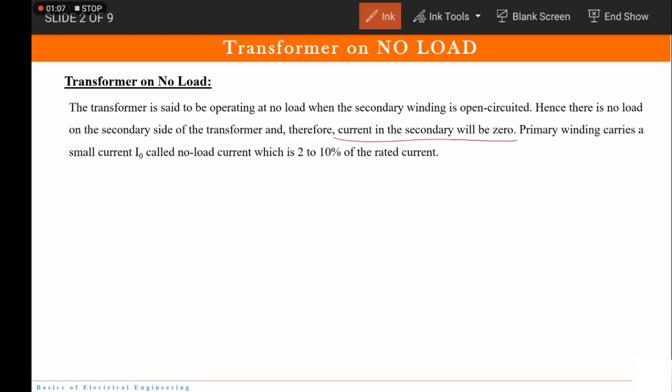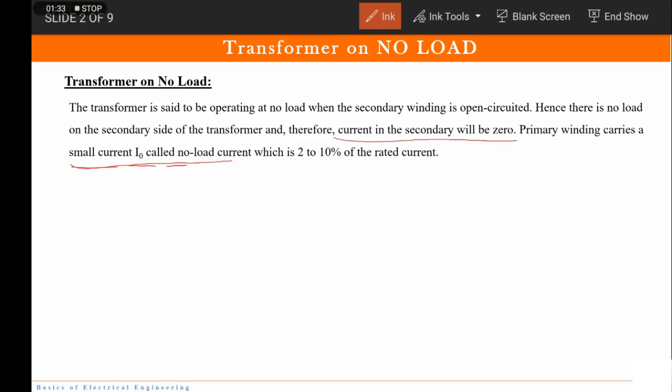Now since the secondary current is zero, a small current I0 flows through the primary, and this current is known as no load current and it is represented by I0. Please remember that generally primary current is represented by I1, but that is under normal condition, but here we are specifying no load condition.